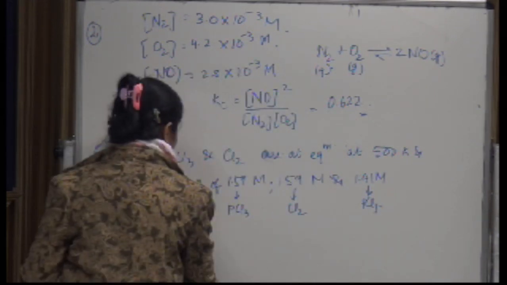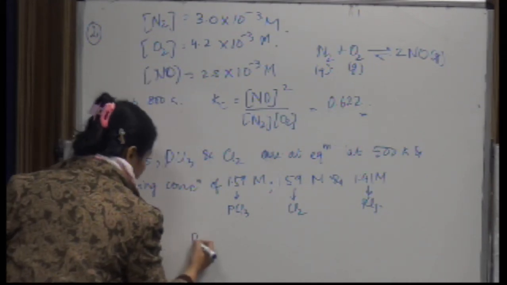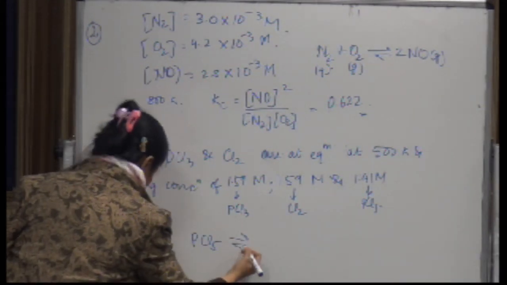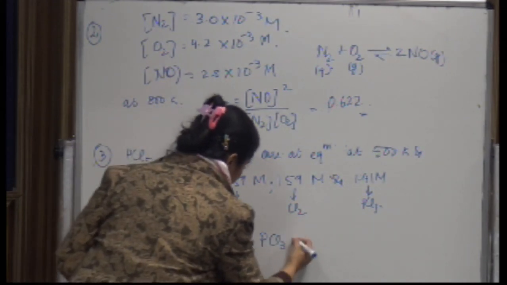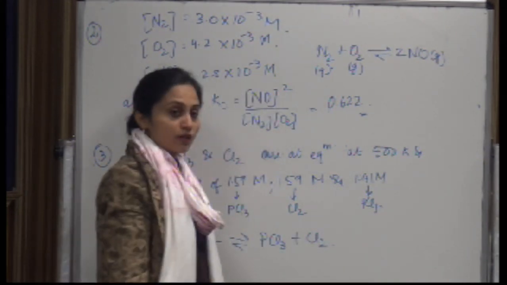Then find out the Kc for the reverse reaction of PCl5 giving PCl3 plus Cl2. Find out the Kc.